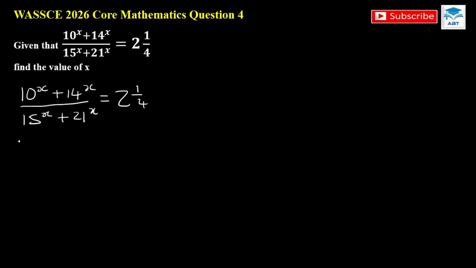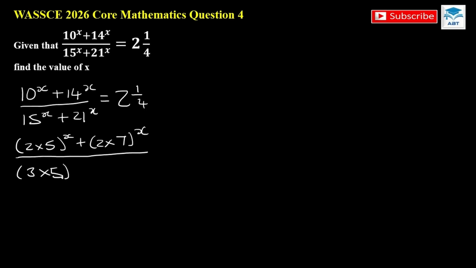So 10 can be written as 2 times 5 and the exponent is x. 14 can be written as 2 times 7 and the exponent is x. 15 can be written as 3 times 5 and we have an exponent of x here, plus we can break 21 down to 3 times 7 and we have our exponent, so that we will have a common factor of 3 at the denominator.